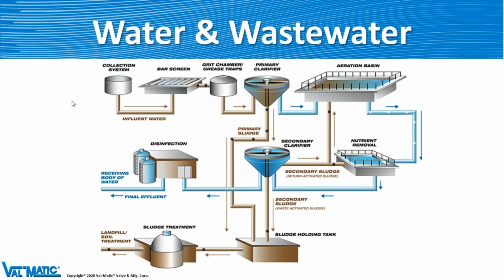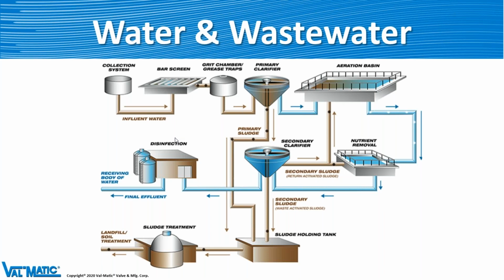So here's a typical schematic. It says water and wastewater, but it could be any kind of media, sludges, any kind of wastewater. There's wastewater in industrial plants all the time, as there is water in industrial plants. But it would be hard for me to place the X's of where all the air valves would go, only because I don't know the piping system. We have to remember that air valves go by the pipes or by the pumps. They go in the high points of the pipe.